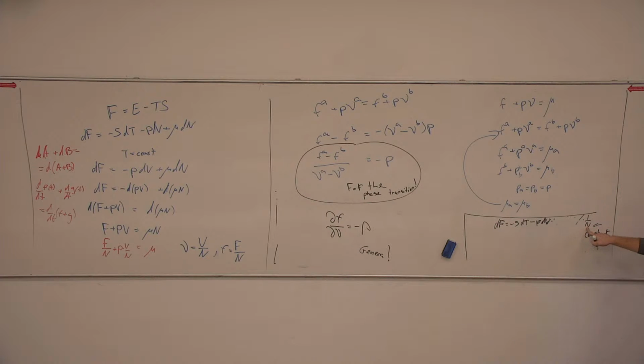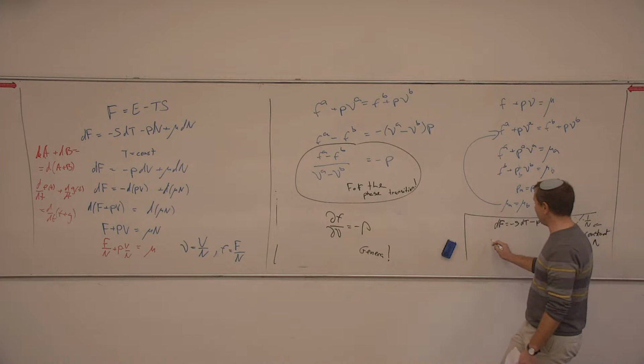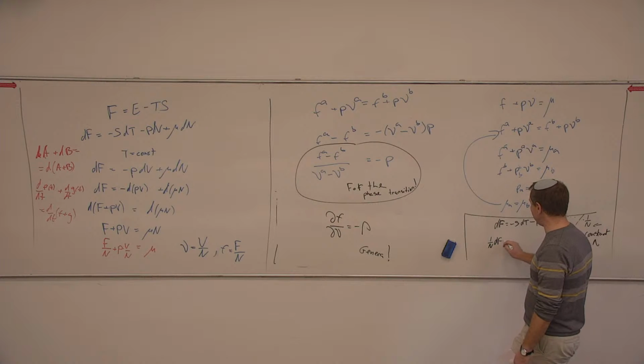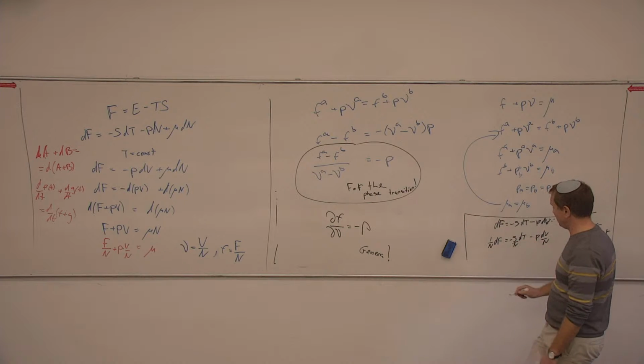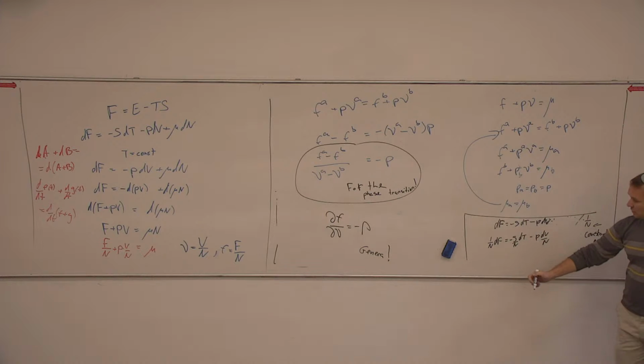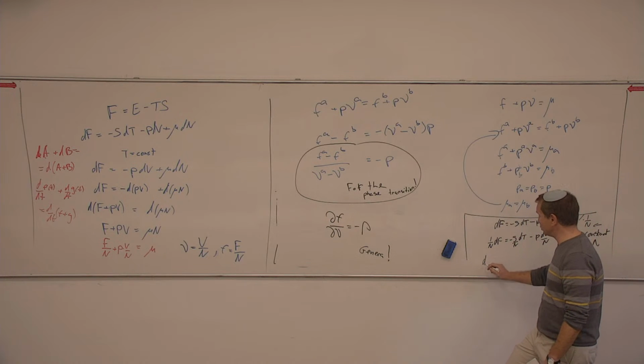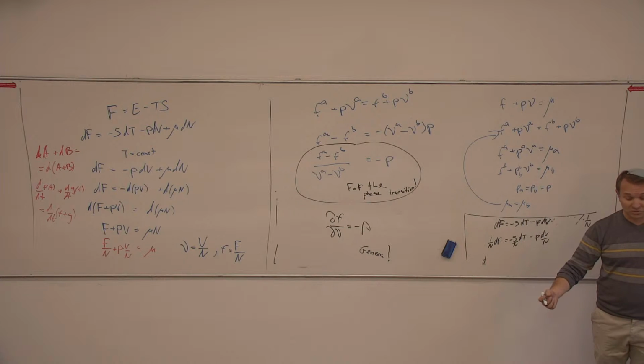So if I multiply everything by 1 over N, I have 1 over N dF equals minus S dT divided by N minus P dV divided by N. Because N is constant, I can get it inside the differential, because a differential is like a derivative.